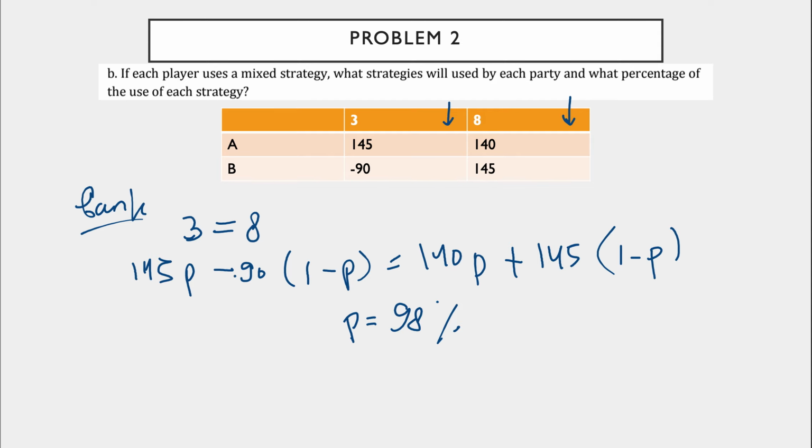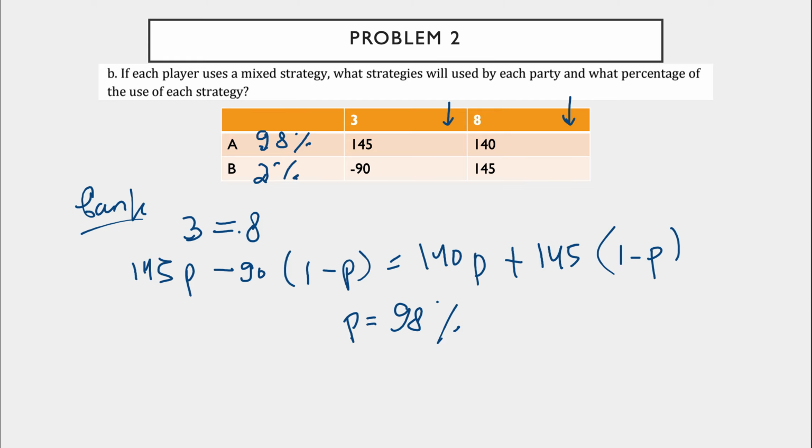Because we assigned P to 145 and 140, the probability of 98% is for strategy A. Because strategy A is used 98% of the time, strategy B is used 2% of the time.